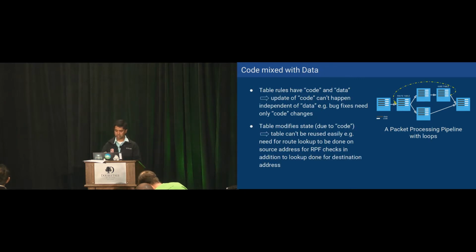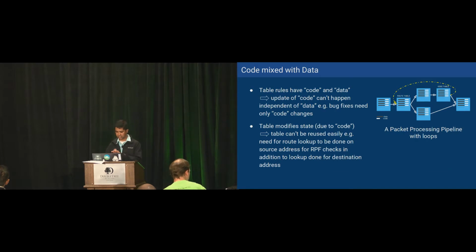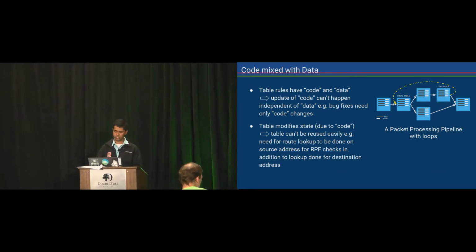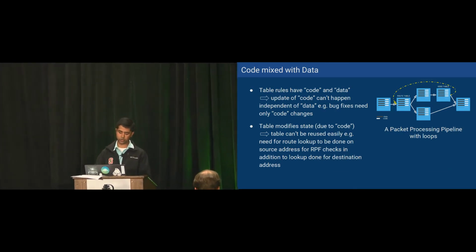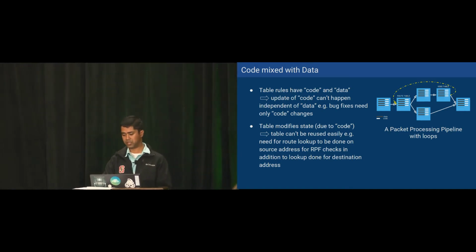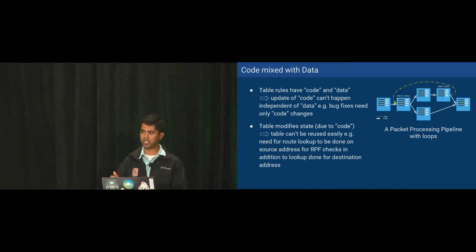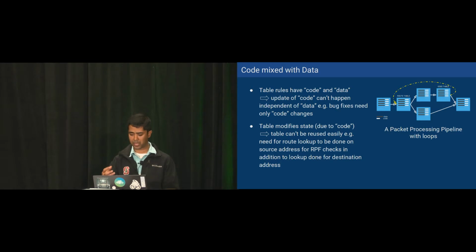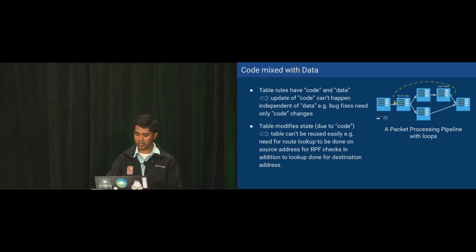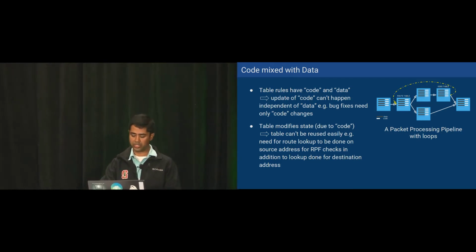If you look at the diagram again, usually when we start any product development, the flow pipeline looks very simple. Maybe it's like this, but over a period of time when we keep on adding features, the flow pipeline becomes a lot more complicated. For example, this yellow arrow which we added from the table further down, called the OD table, is pointing back to the route table in the beginning.